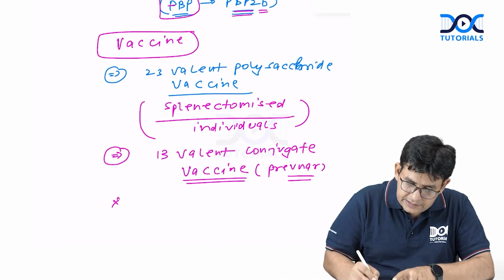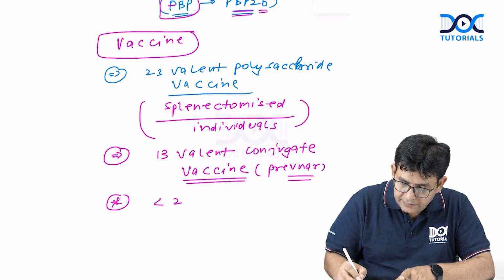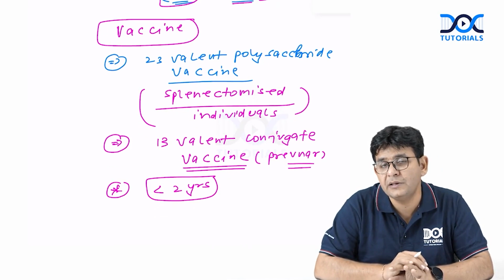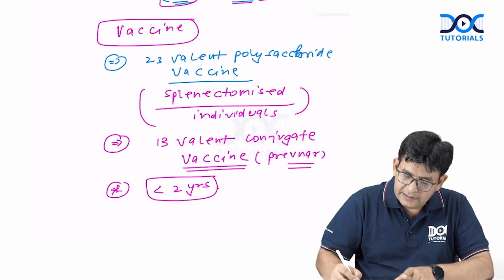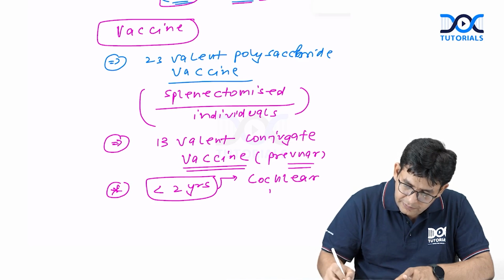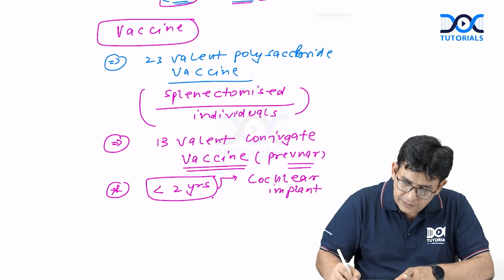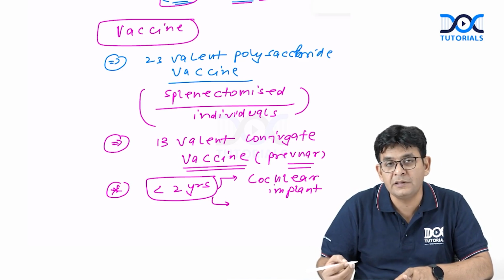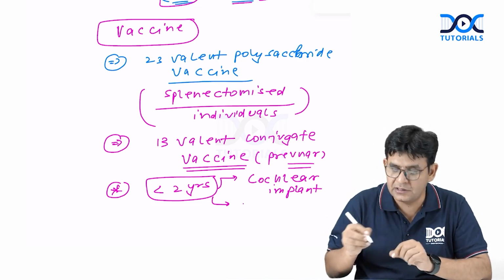Another important thing is, whenever we are going for surgeries in a child of less than 2 years, like a cochlear implant, which we know is to be done before 2 years for proper speech development, or suppose this child has hydrocephalus and you need to put CSF shunts.